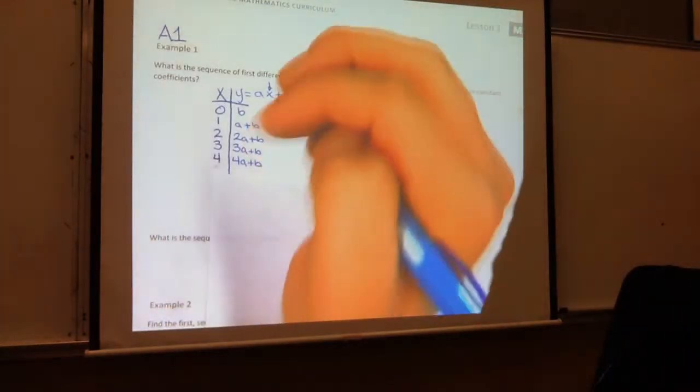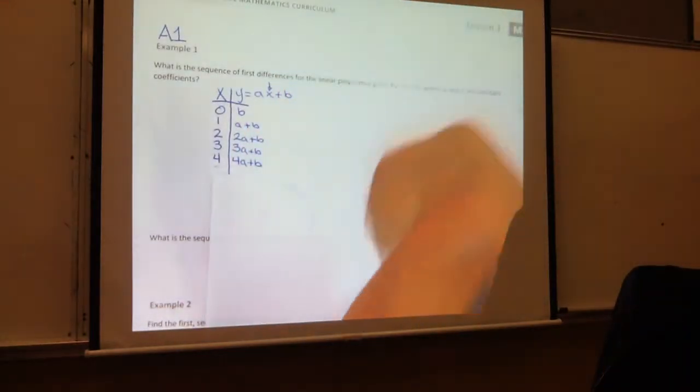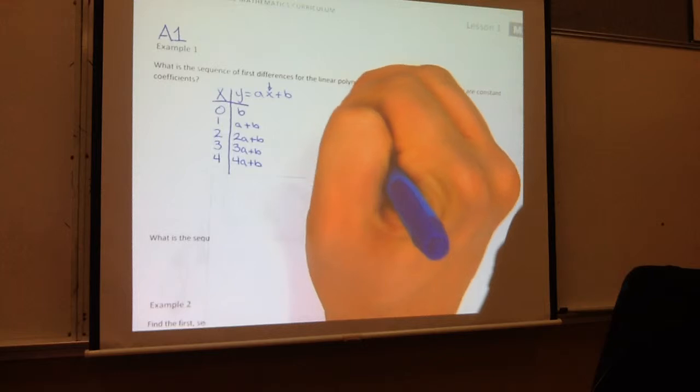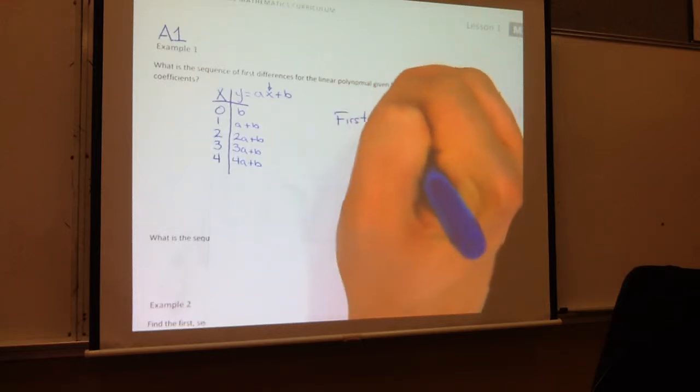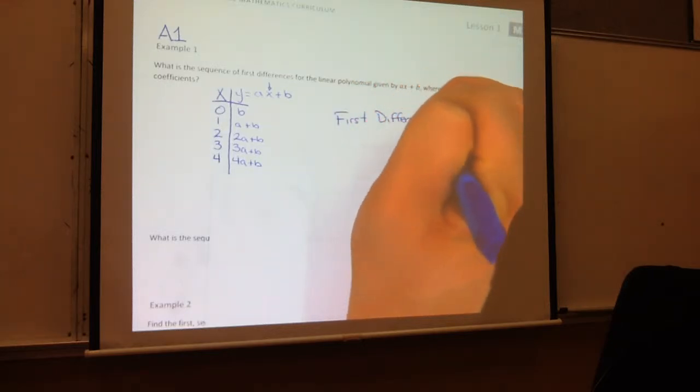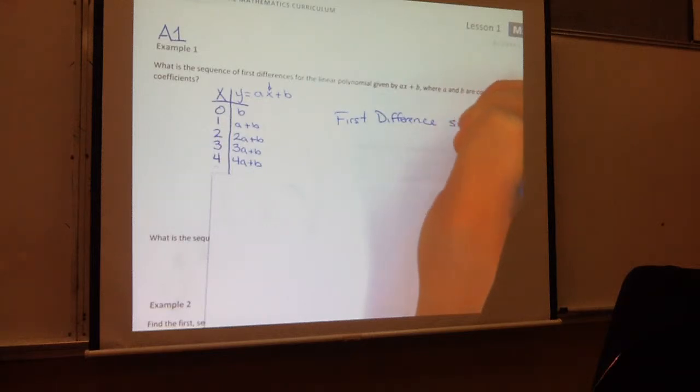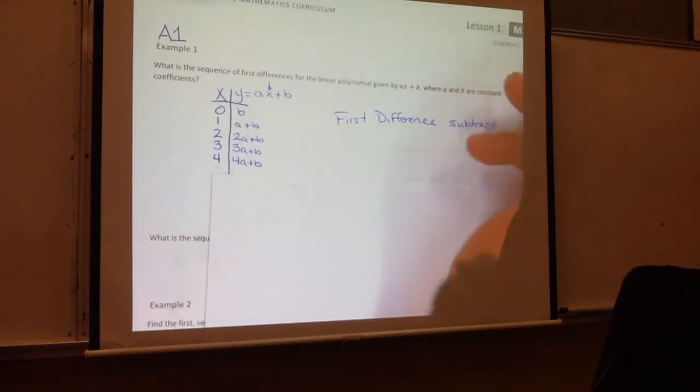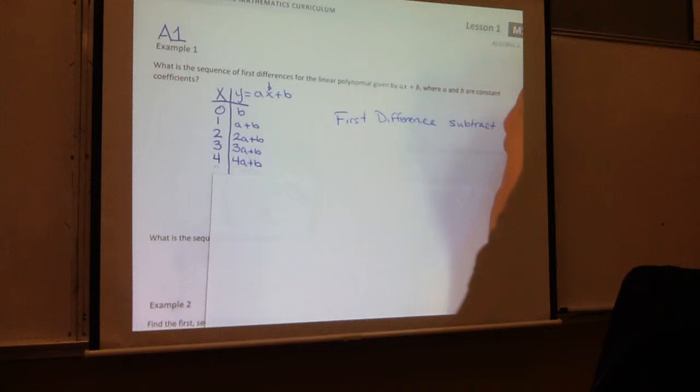Now, to find the first difference, we're going to subtract consecutive terms.